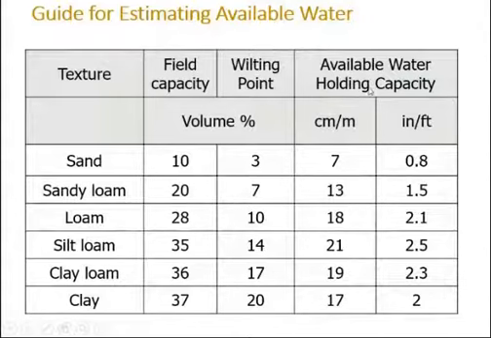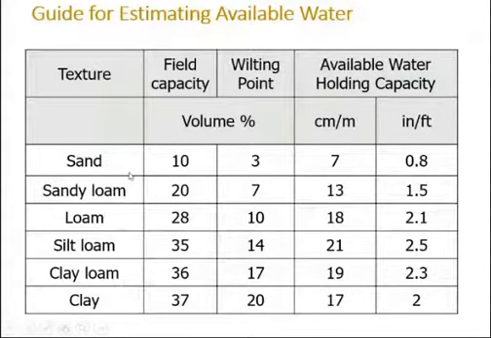This is a table illustrating the available water content. How can we measure it? Very easy. Available water content is the moisture content between the field capacity and the wilting point.